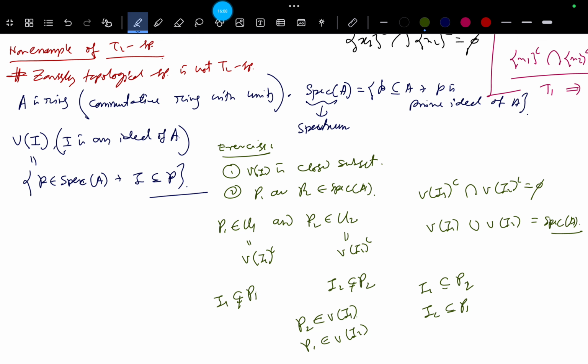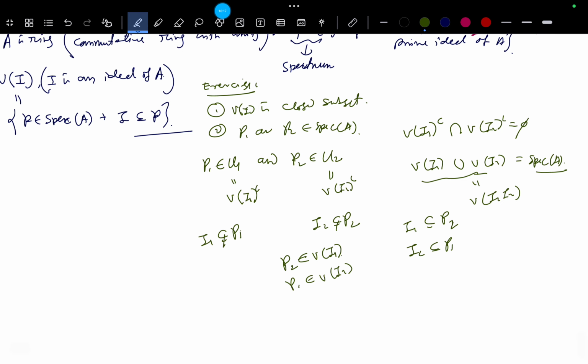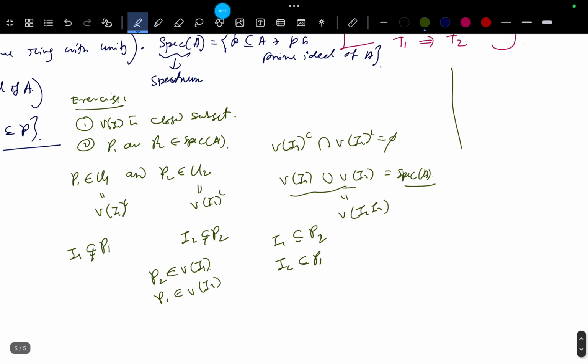Now note that V of I1 union V of I2 is nothing but V of I1 times I2. It is very easy to check. For example, suppose any prime ideal Q belongs to V of I1 union V of I2.